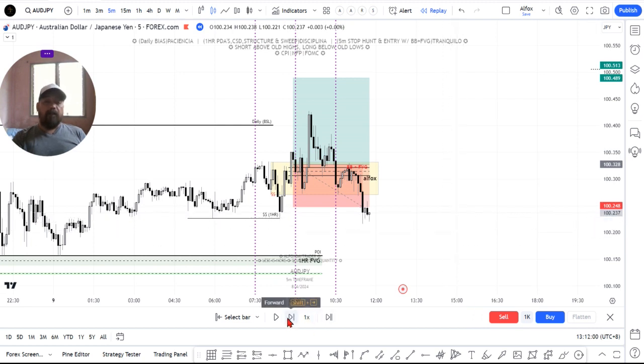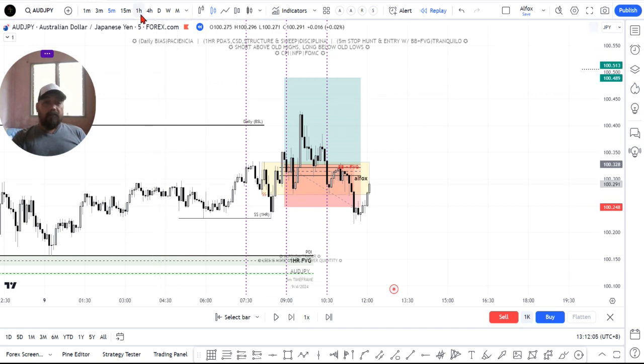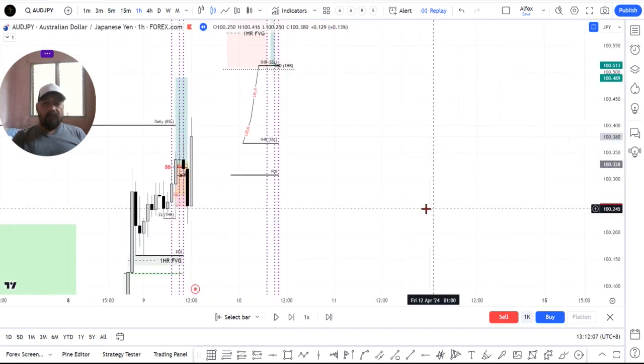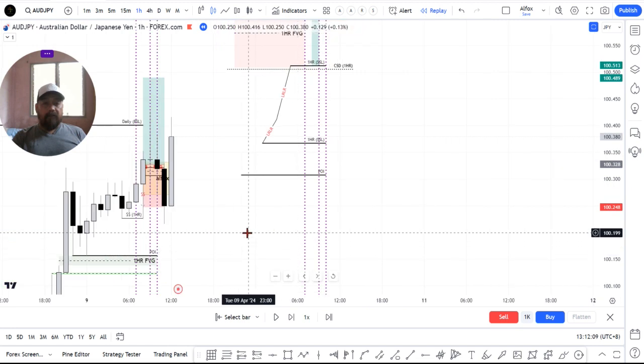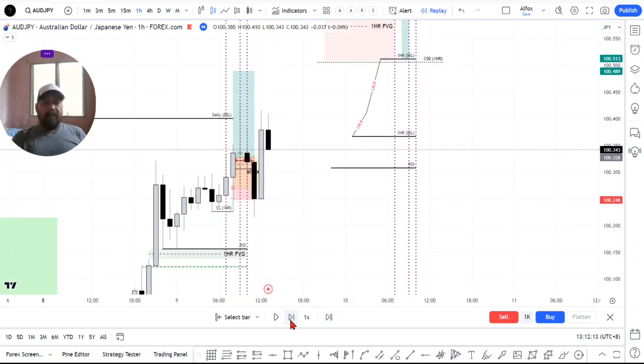So let's move forward. Let's go up to the 1 hour time frame. As you can see, after we were tagged out, price really went up.